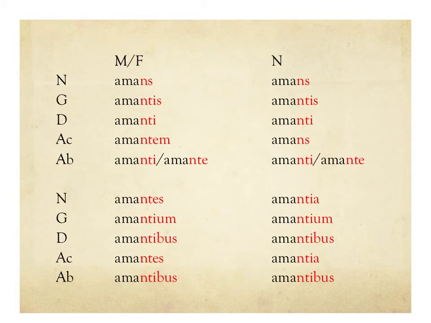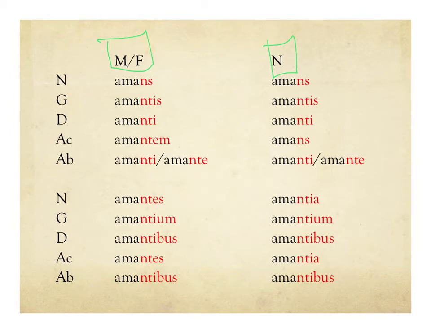So here we have an example. We have amans in the masculine and feminine form, just like you would have for potens, and in the neuter. And you can see that this declines just as you would expect it would for any third declension adjective of this type, of the type of potens.